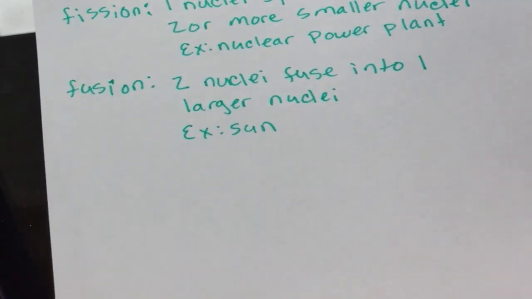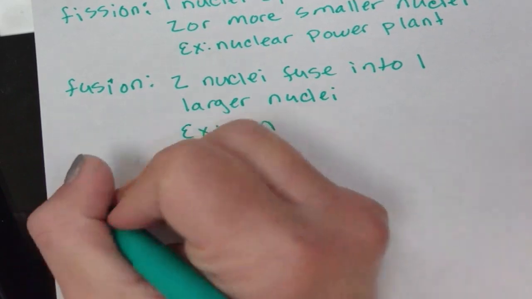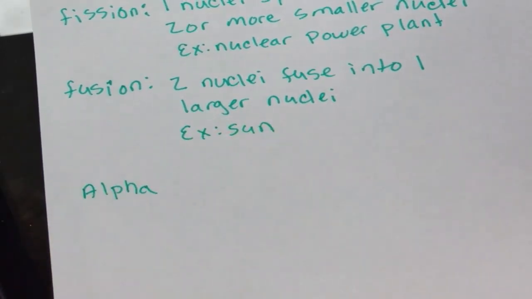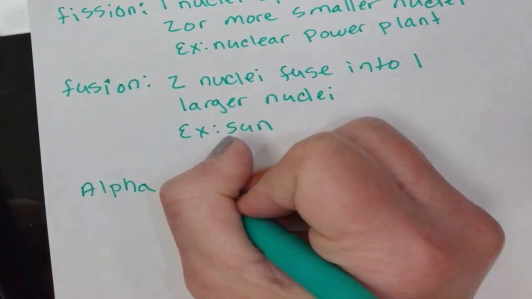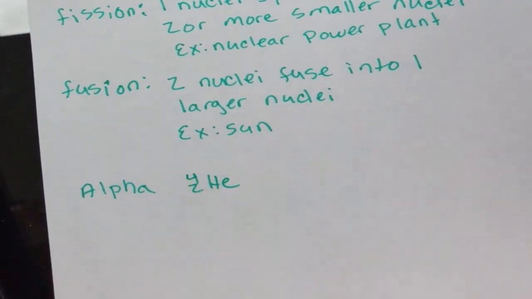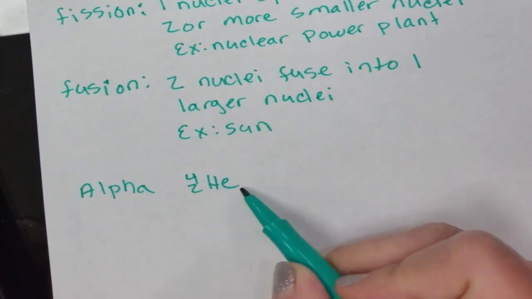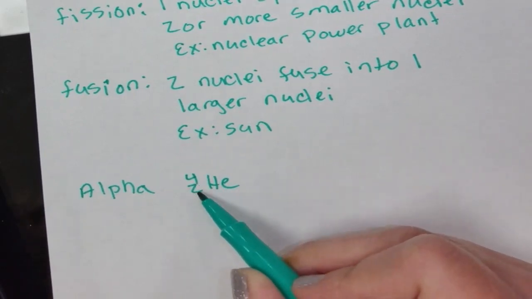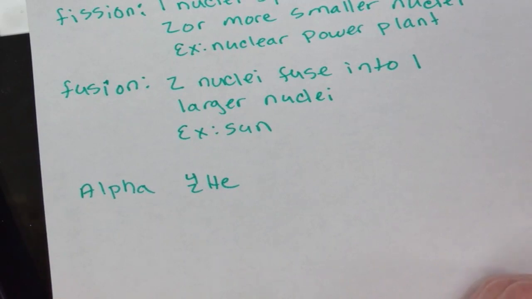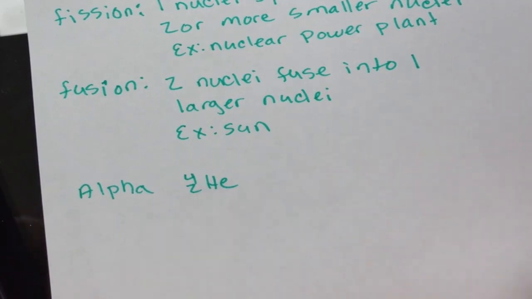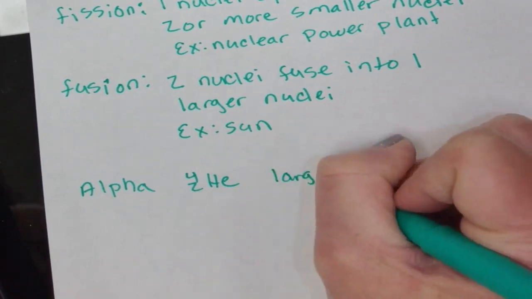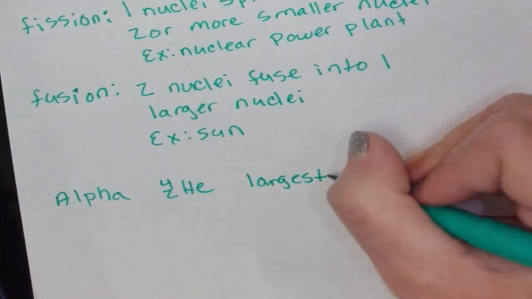There are three main types of particles that we are going to look at. The first particle is an alpha particle, and the alpha particle is actually a helium nucleus. So we write He, with 4 for the mass number and 2 for helium's atomic number. These are the largest and slowest moving of the particles.